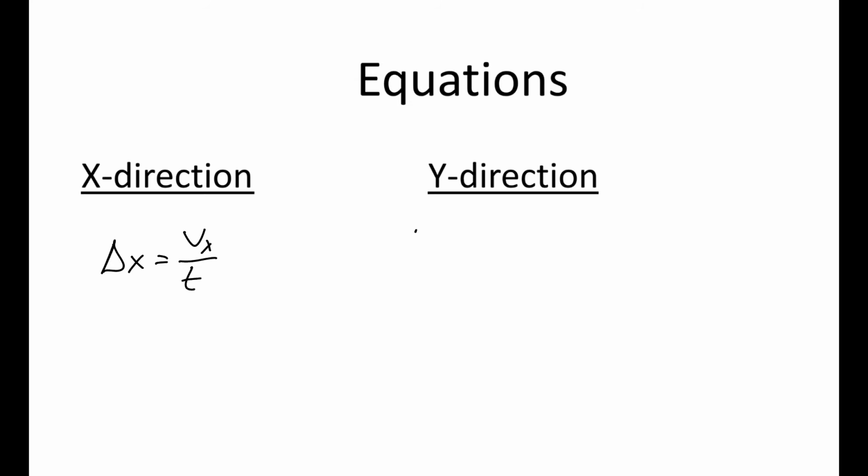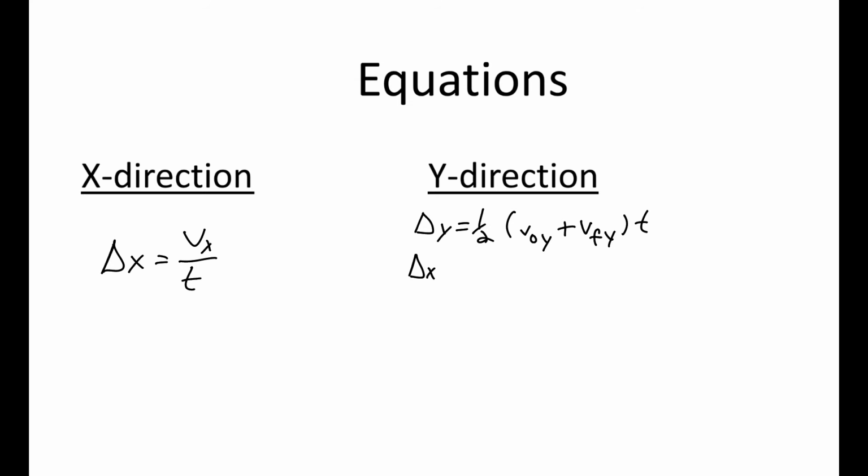And we're going to have delta y equals 1/2 times v0y plus vfy times t.